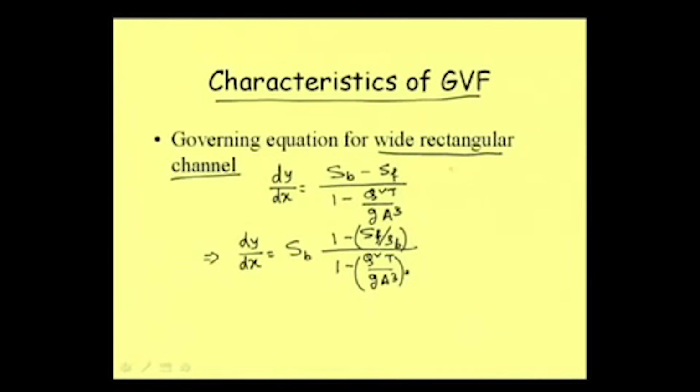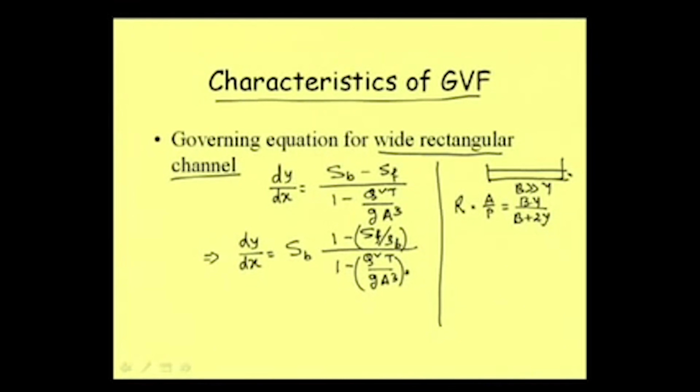Well, for a wide rectangular channel, we know that, well, if we do not remember, let us just refresh that part. As it is a wide rectangular channel, our B is much greater than y, say the depth of flow is y. So what we can write is hydraulic radius R equal to A by P, and this we can write as area equal to B into y and perimeter equal to B plus twice y.